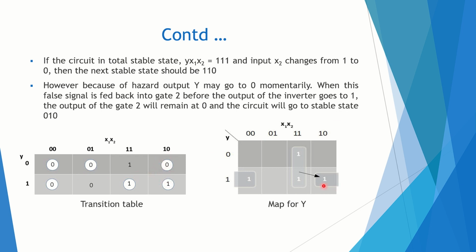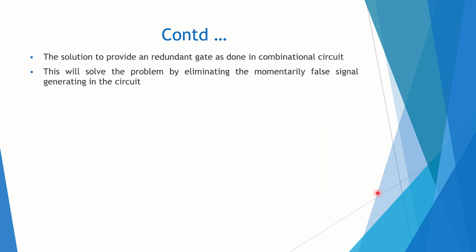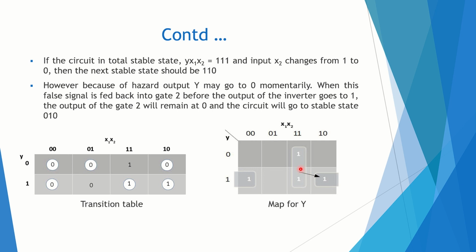Seeing the map here, this is the stable state, this is at 1 1. We have a combination here. These two are implicants. How do we remove this? The solution is to provide a redundant gate as done in a combinational circuit.